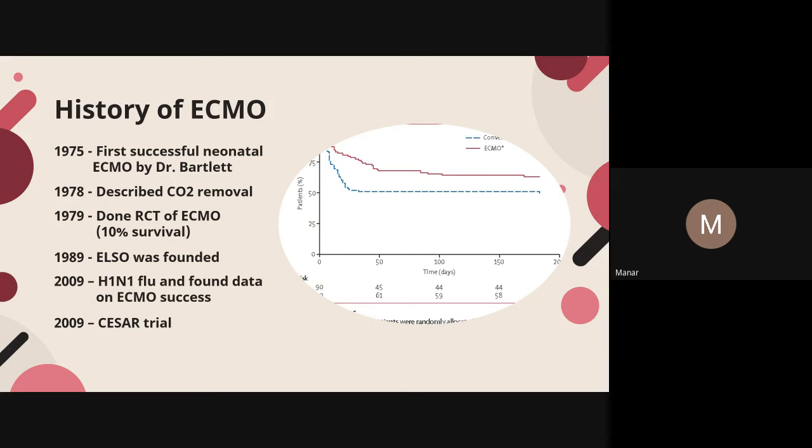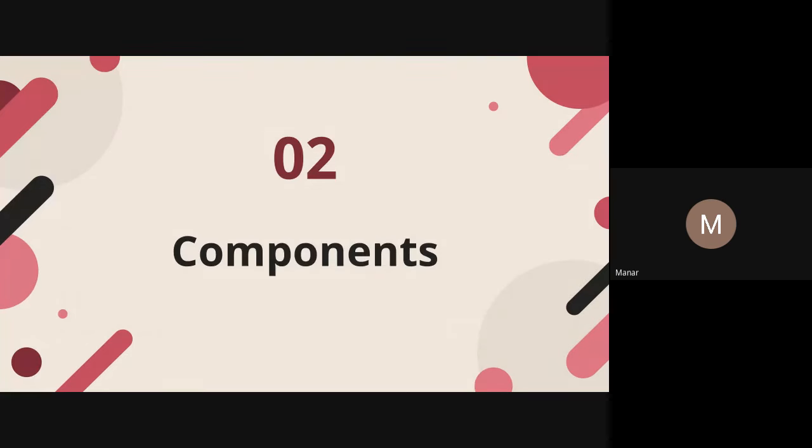And they found that the patients on ECMO had higher survival rates than conventional mechanical ventilation. And after this trial, many studies were done in the same conditions, but this is the one that started everything, and it was a very big milestone in the history of ECMO. Now I'm going to talk about the components that are present in the device.